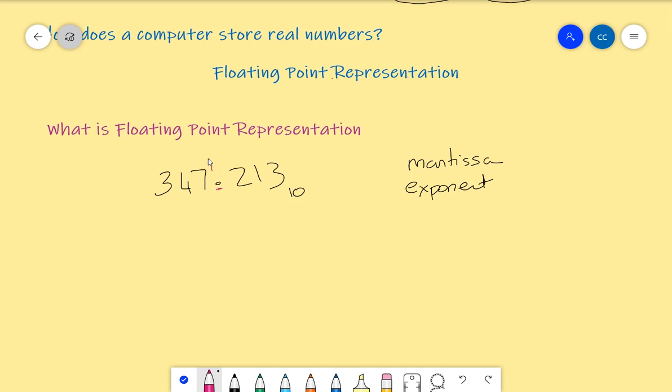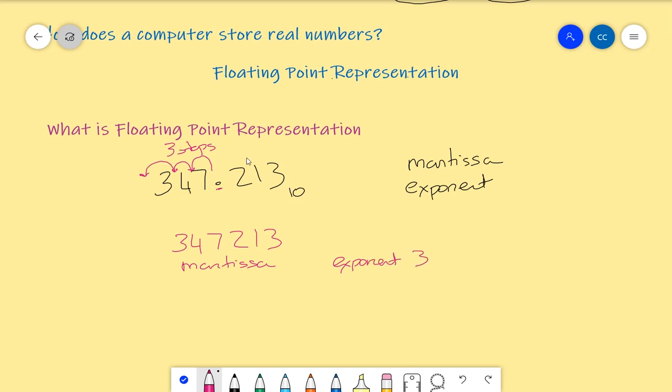So if we say we're going to move it 1, 2, 3, so that's positive 3 places, then the number 347.213 is called the mantissa, and that would be stored in a memory location, and the exponent would store 3.